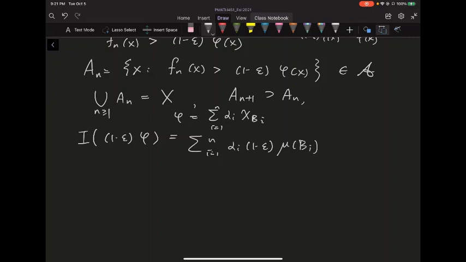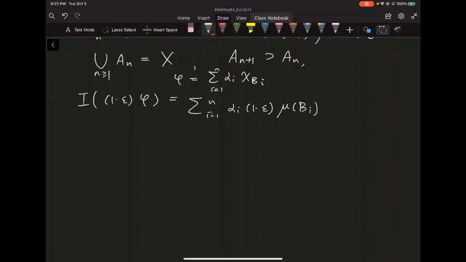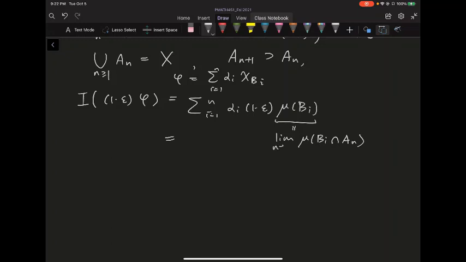Well, because this An is an increasing chain and a union to X, we showed that the measure is continuous from below. So you can replace each of these mu of Bi with the limit of mu of Bi intersect An, where n goes to infinity. And because this is a finite combination, you can put the limit outside.